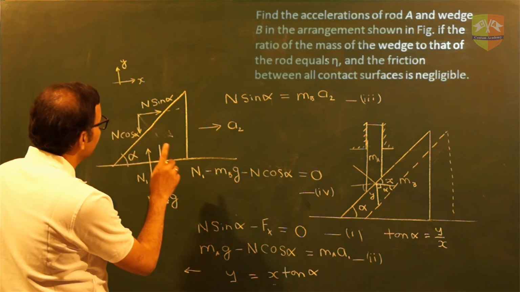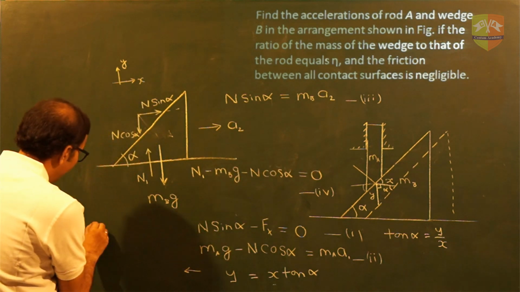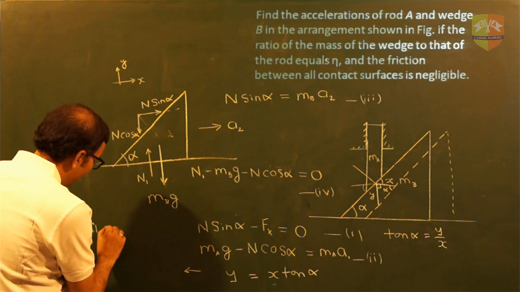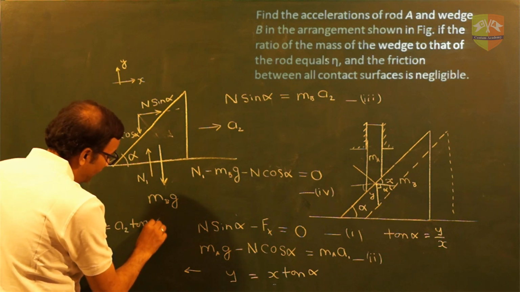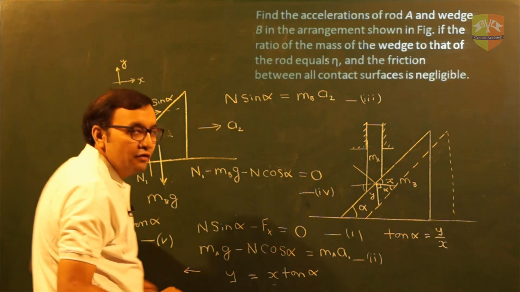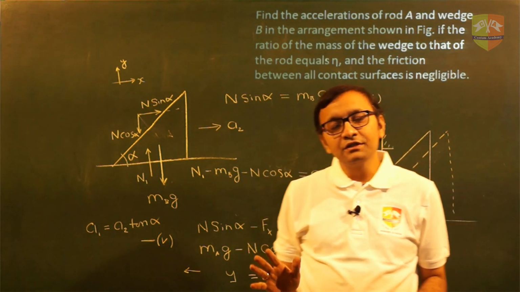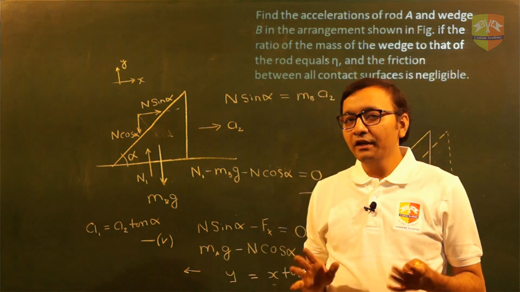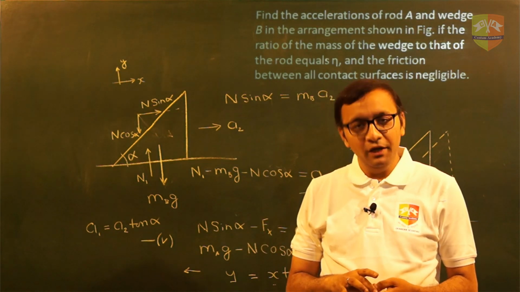We have taken the acceleration of the wedge to be a2, which is along x direction. So I'll get a1 is equal to a2 tan alpha. Fine. So this is the 5th equation, right? So now we have 5 equations and 5 variables. So we can now solve and get all the required variables' values, right?